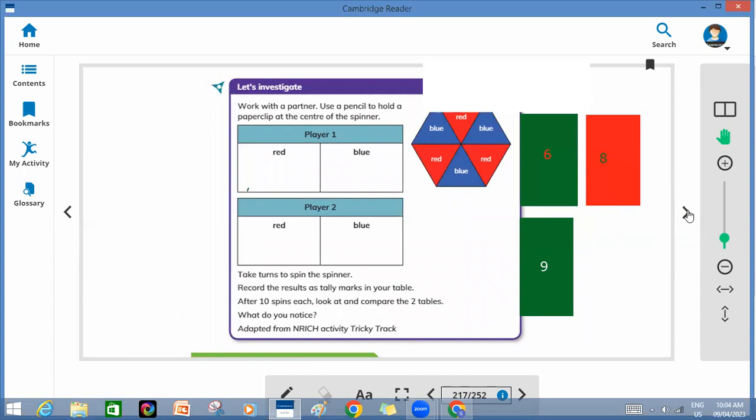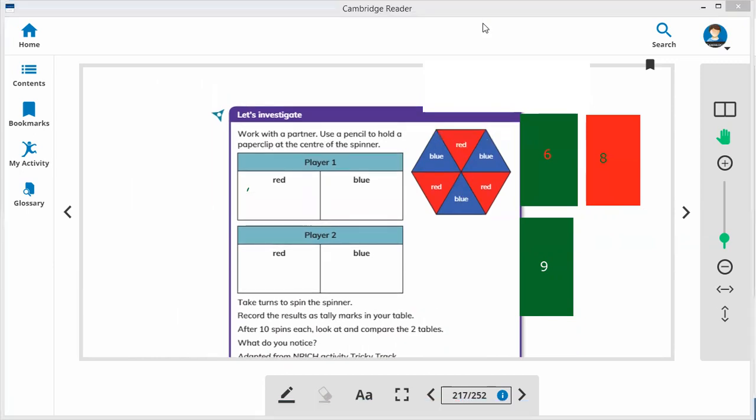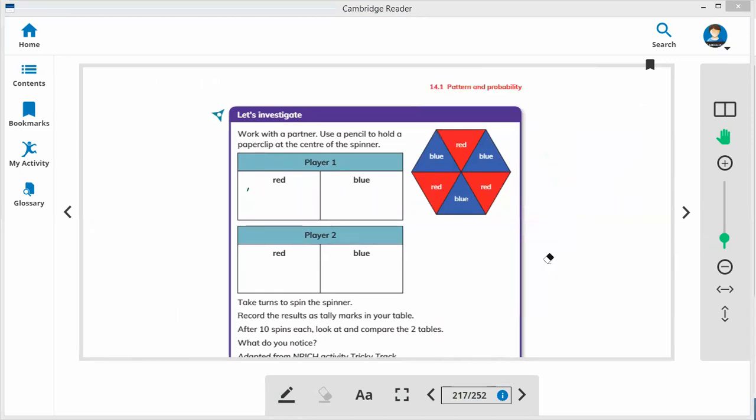Okay, moving on to let's investigate. Work with a partner. Use a pencil to hold a paper clip at the center of the spinner. So in the middle of this spinner you are going to put a pencil and spin it. How many times will it come red when player 1 is playing?